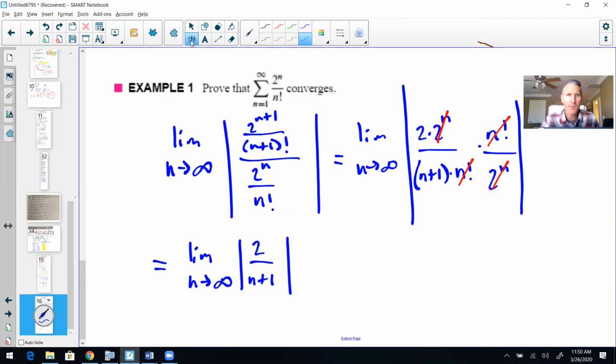Okay, so as n approaches infinity, what does that thing go to? Yep. It goes to 0, which is less than 1. So what did it say up here?